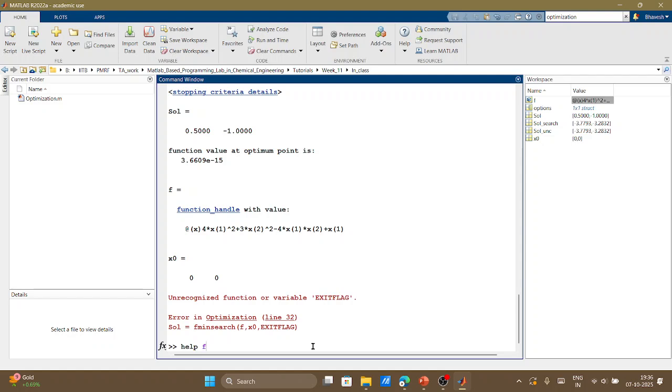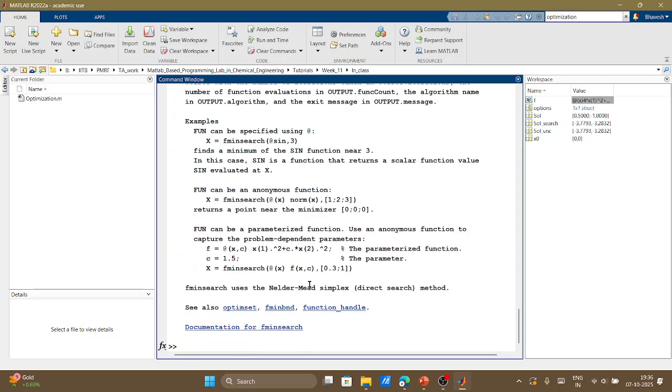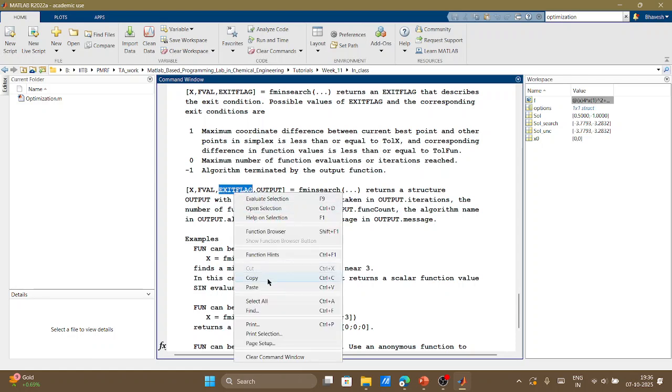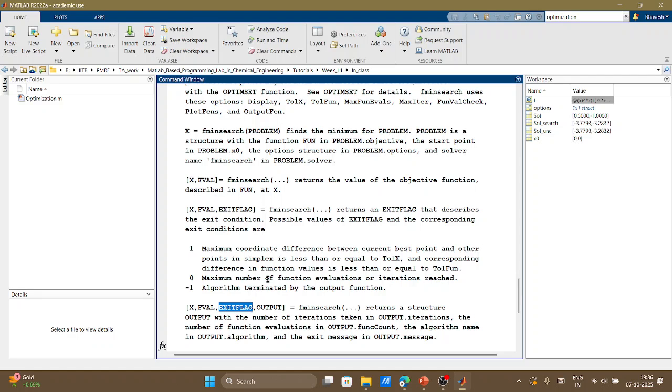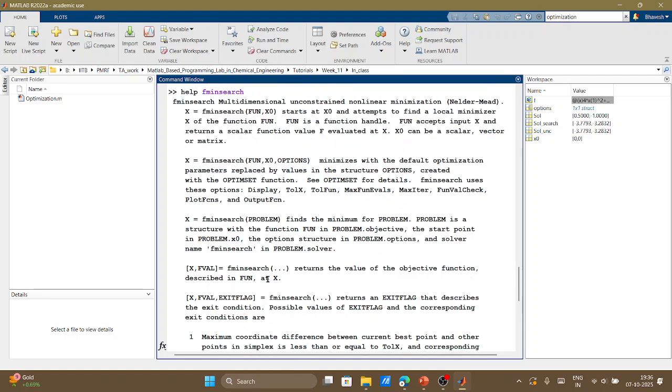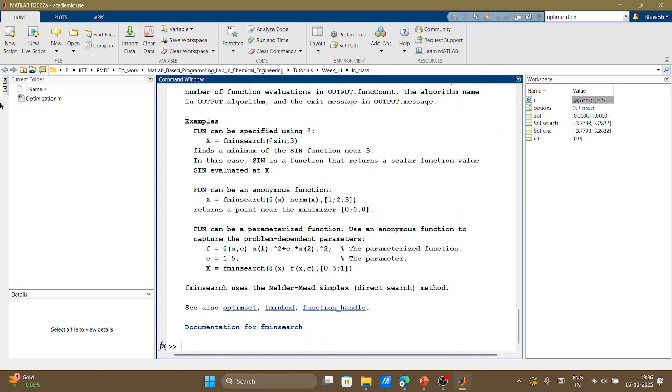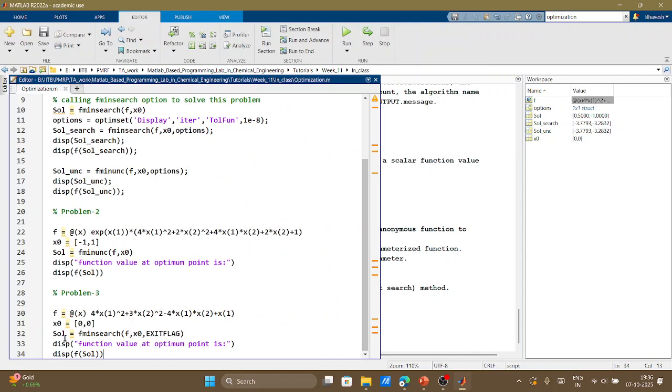Help fminsearch. Okay, sorry, the exit flag will come on the left hand side. So here, instead of just solution, I can provide solution, the function value at the solution, then the exit flag here.